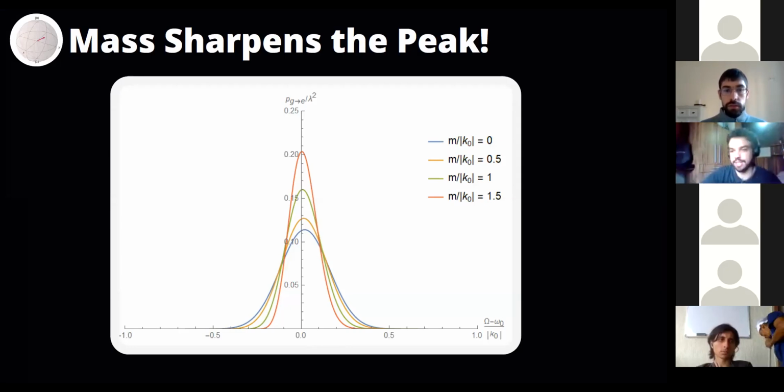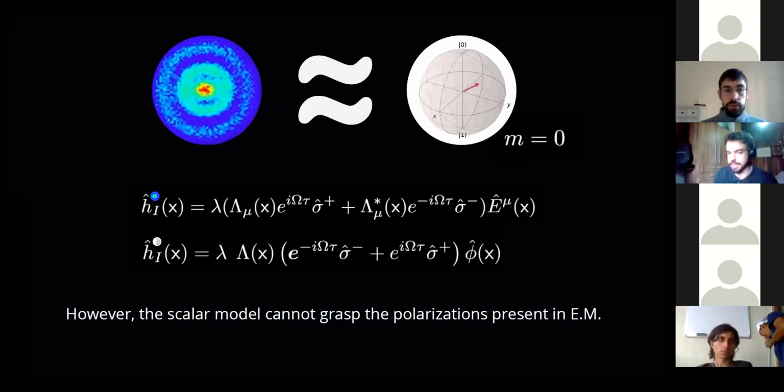And just commenting about the overall comparison between these two models: they're very similar if you take the UDW model with the mass equals 0. Even the interaction Hamiltonian densities are very similar. The only difference is that the vector nature of the field is not grasped by the scalar field, as expected, and the relative angle between the dipole and the propagation vector is not present.